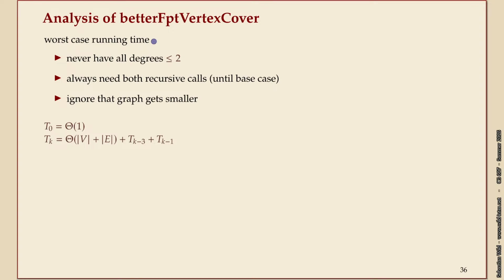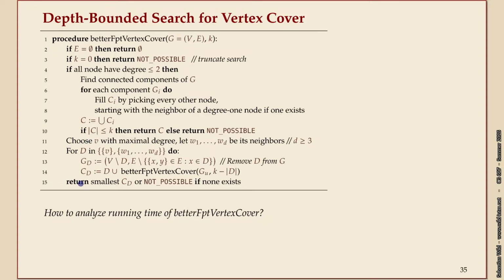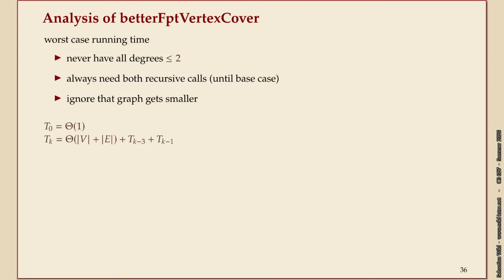For the worst case, we can assume we're always going to be in the case where we have to recurse further. Say the original graph doesn't have many low-degree vertices. So we're never in this case, or at least we analyze the cost for having that case. We always need both recursive calls. We're not in the lucky case where one call returns early and already found a solution.